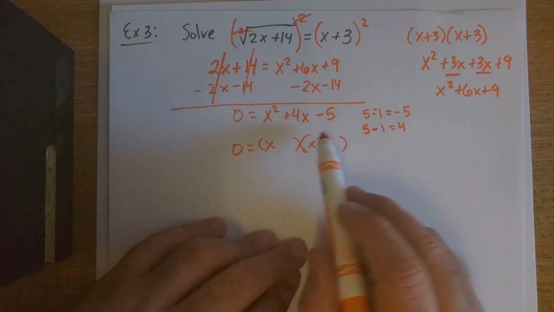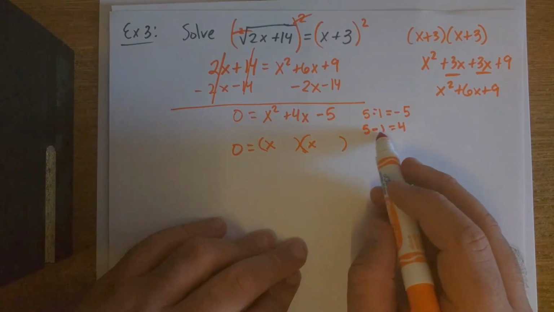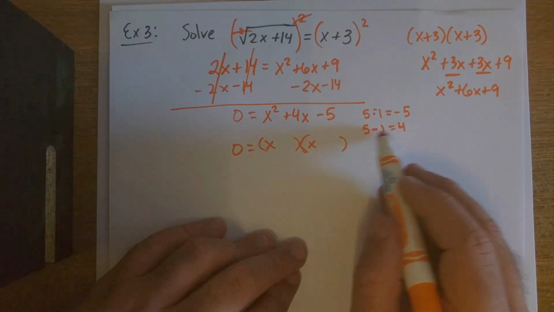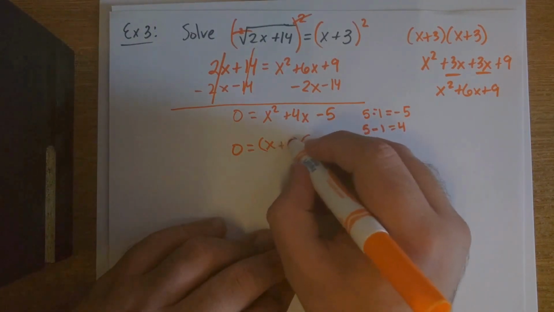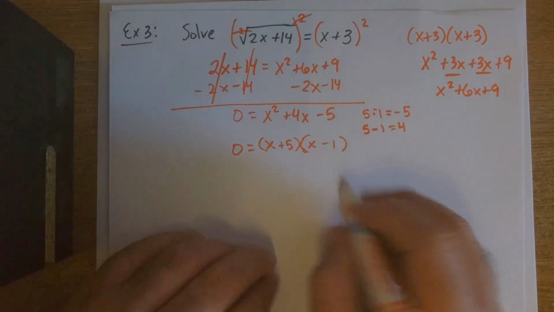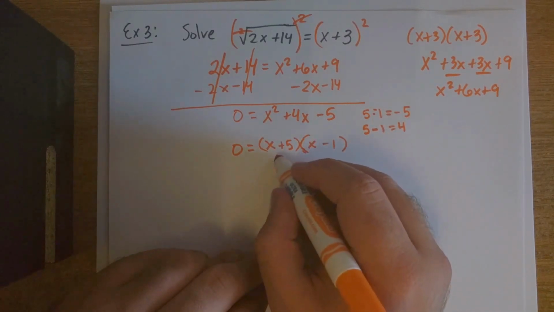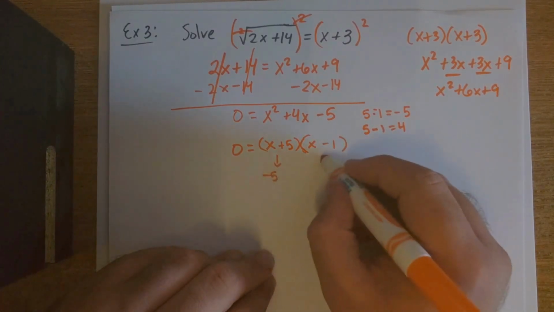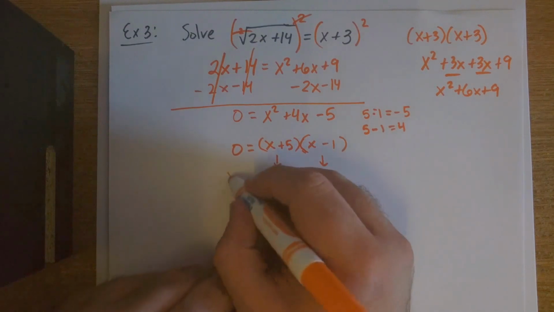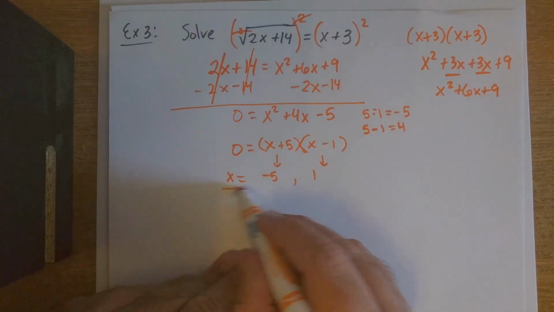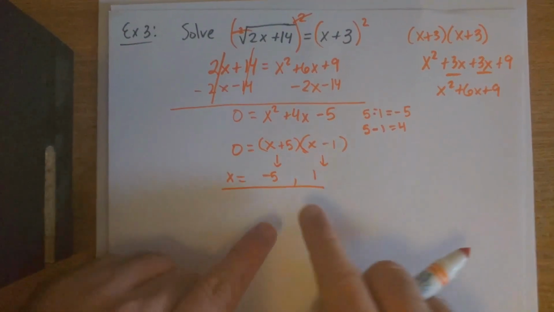This combination. And what plus or minus what is 4? 5 minus 1 is 4. So positive 5, negative 1. And we know the trick is this gives us negative 5. This gives us positive 1. So this is what we have for our solution, but we need to check both of these.